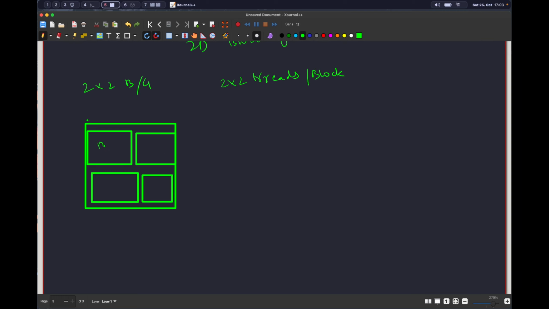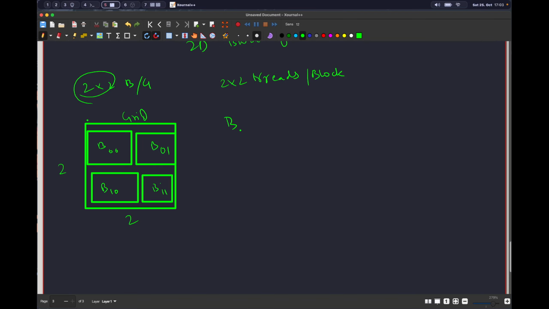Now this is a block. Let's say this is block 0, 0, this is block 0, 1, this is block 1, 0, this is block 1, 1. Suppose we are taking just one block of it. This is a grid, and within this grid there are four blocks. As mentioned, we are defining 2 by 2 blocks per grid.